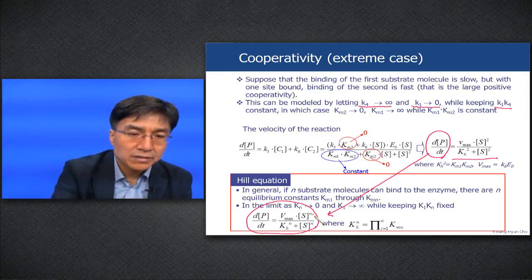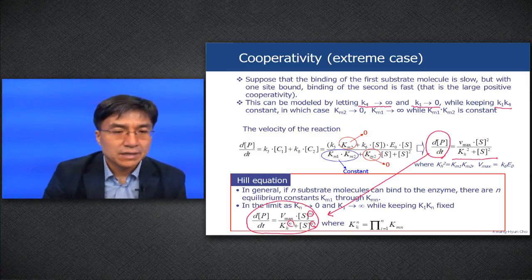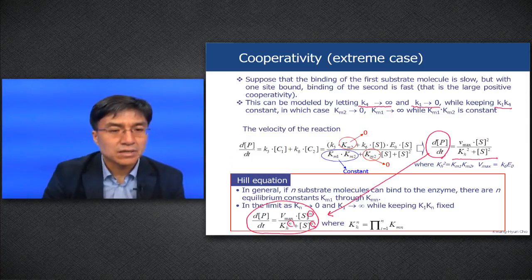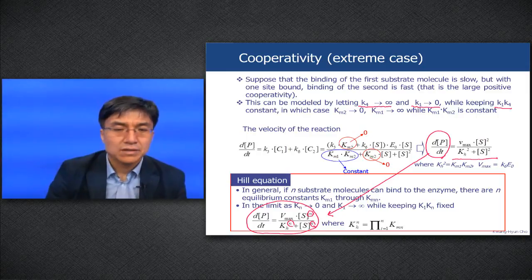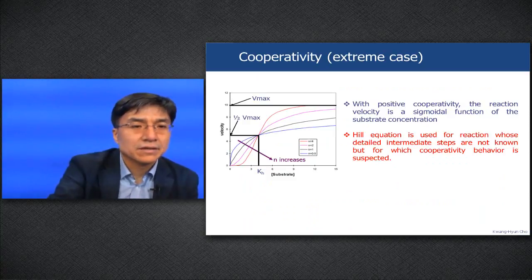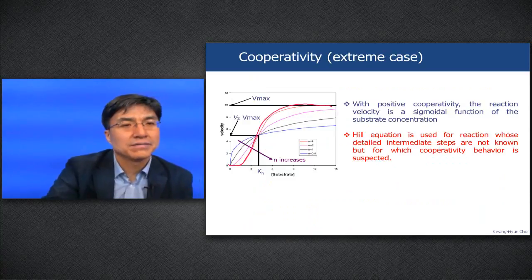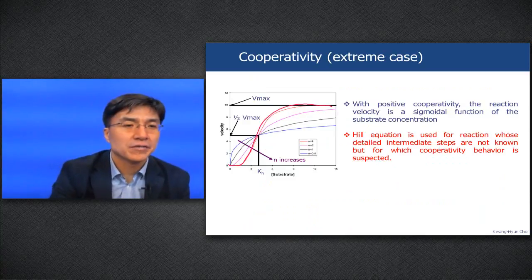And this small n represents the number of multiple steps of cooperativity and is called the Hill coefficient. This Hill coefficient determines the sigmoidal response curve of the resulting equation.